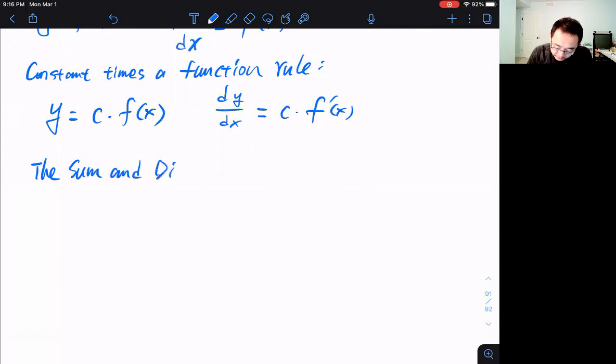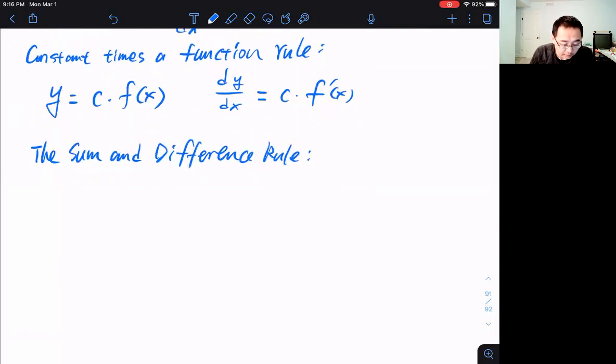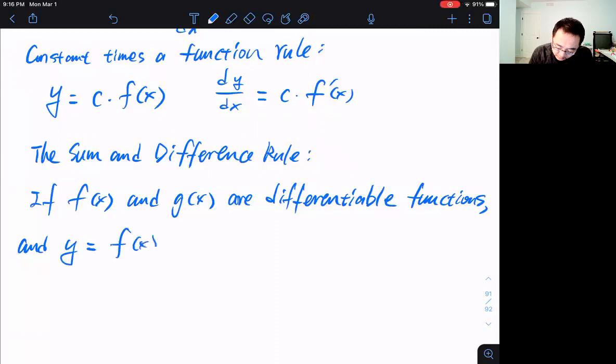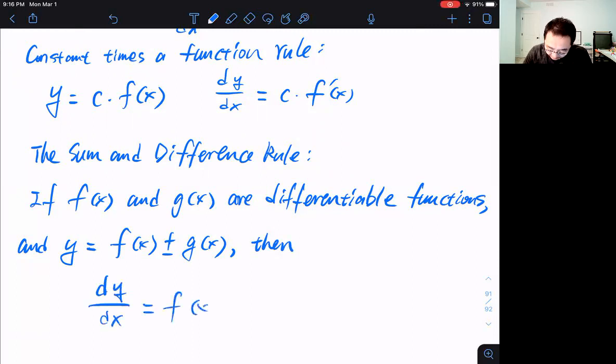Similarly, we have the sum and difference rule, where if f of x and g of x are differentiable functions, and y equals f of x plus or minus g of x, either way works, then dy dx equals f prime of x plus or minus g prime of x.